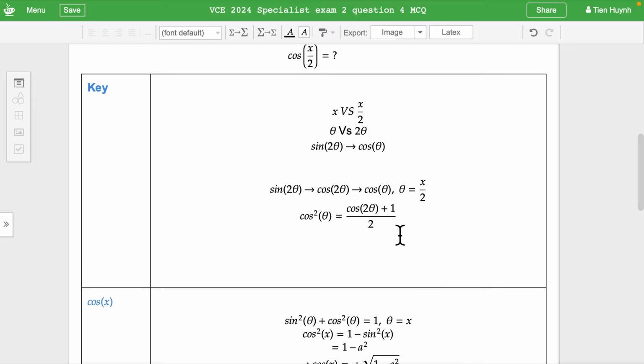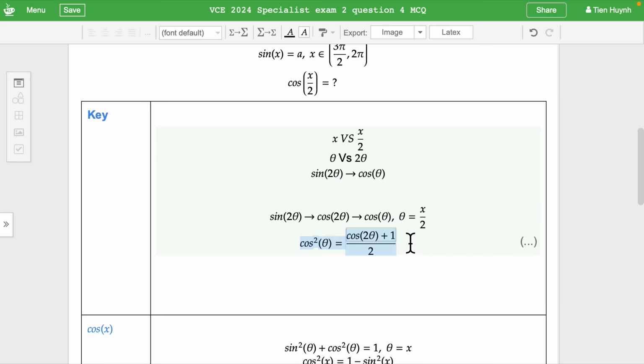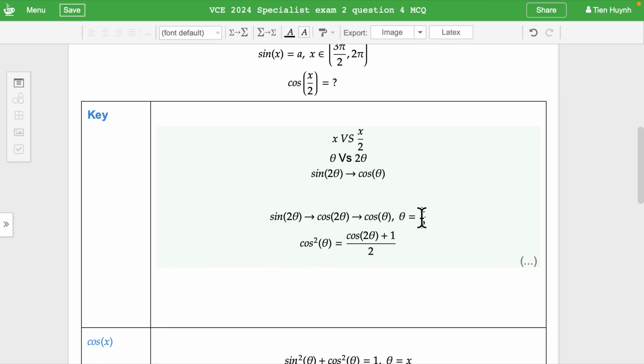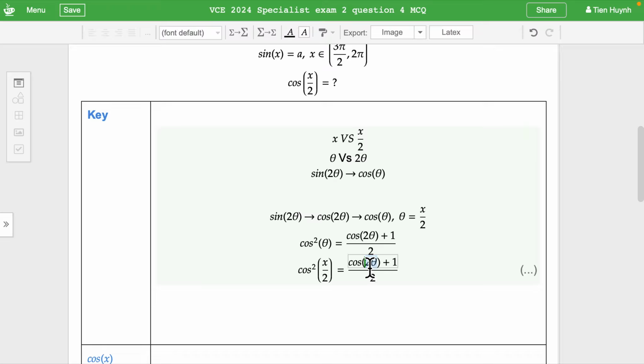Now, looking at the formula that we need to use to figure out the value of cos of x over 2, I will replace theta with x divided by 2. I will copy this and replace theta with x over 2. This is the formula that we have. If theta is x divided by 2, then 2 theta is just x.